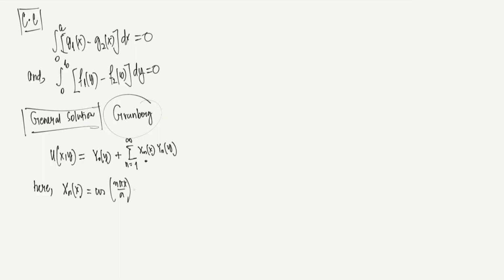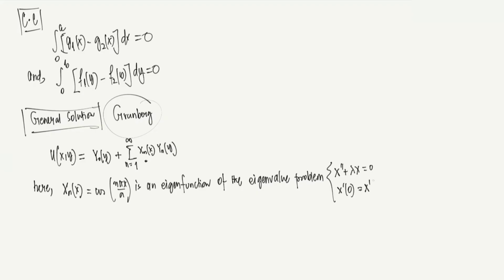Okay, this is an eigenfunction of the eigenvalue problem x double prime plus lambda x equals 0 and x prime 0 equals x prime at a equals 0.